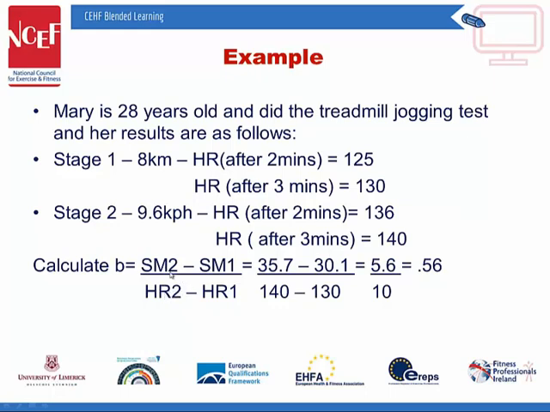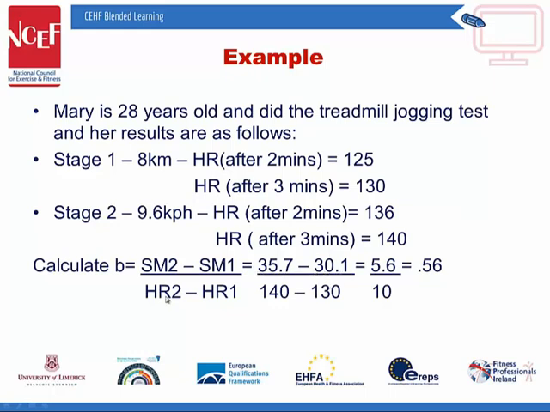If we remember back to our chart that we looked at in the previous slide, SM2 minus SM1, submaximal workload 2 minus submaximal workload 1, we read those off the chart, which is 35.7 minus 30.1.